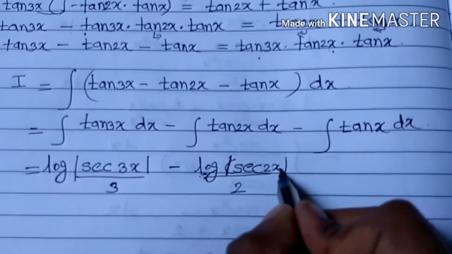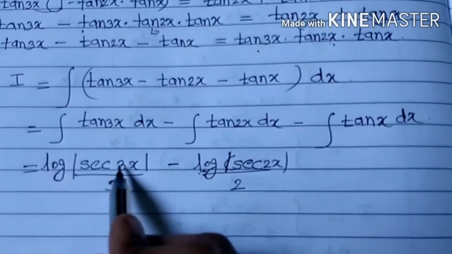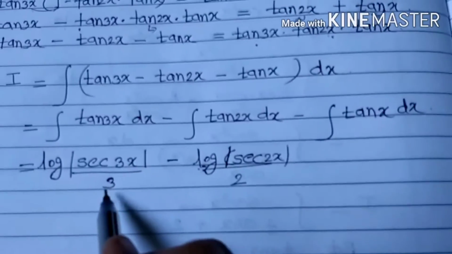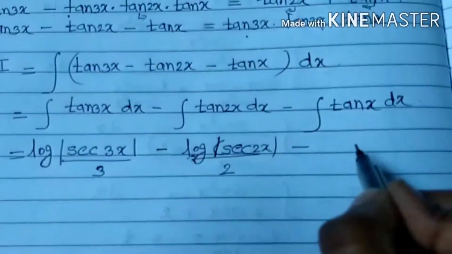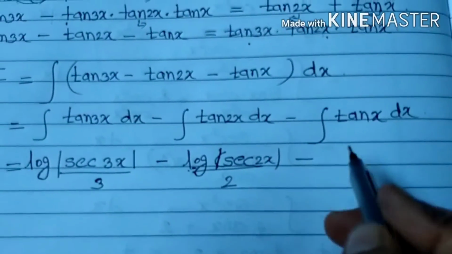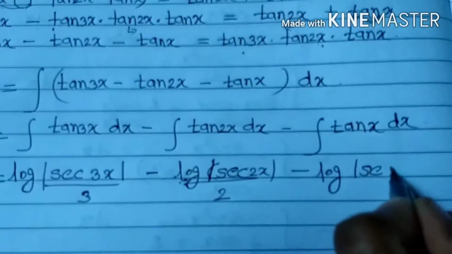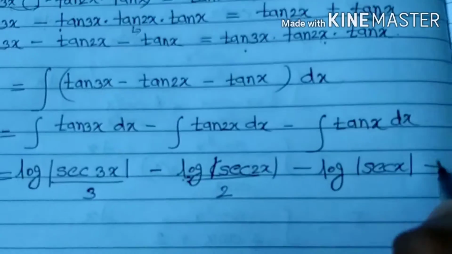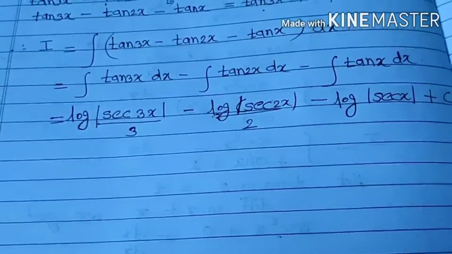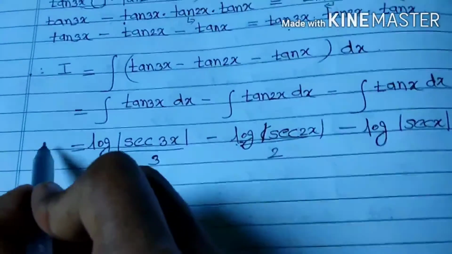Here 3 is the multiplier of x, that's why upon 3, and here 2 is the multiplier, that's why upon 2. Minus integration of tan x is log of sec x, plus c. So this is our answer.